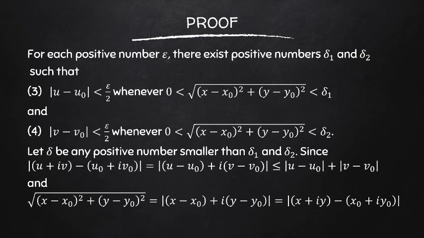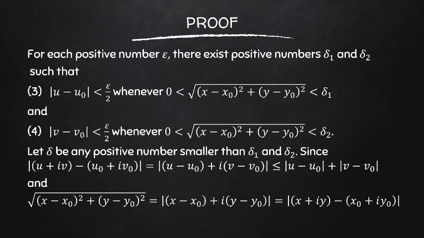Since the absolute value of u plus iv minus (u0 plus iv0) is equal to the absolute value of (u minus u0) plus i times (v minus v0), we got it by collecting u with u0 and v with v0, and it is less than or equal to the absolute value of u minus u0 plus the absolute value of v minus v0.